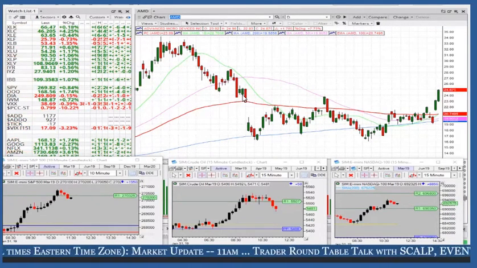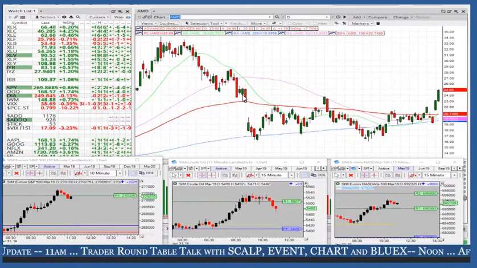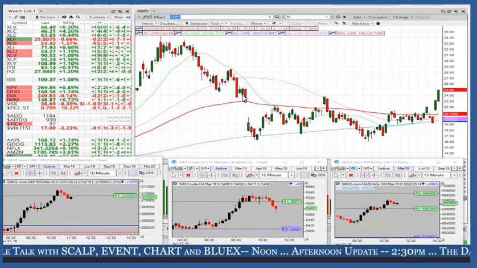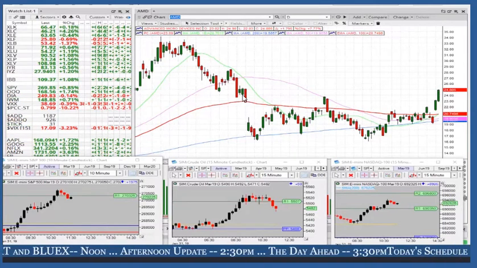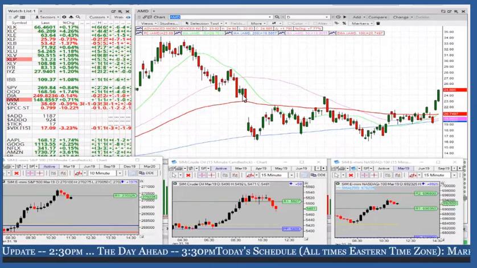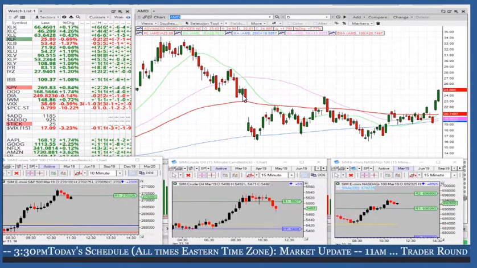70% had reported better than expected street expectations, but you've got to remember that the street expectations had been reined in a great amount over the last couple of weeks. The EPS surprise has been about plus 5.1%, which is generally in line with what we usually see.